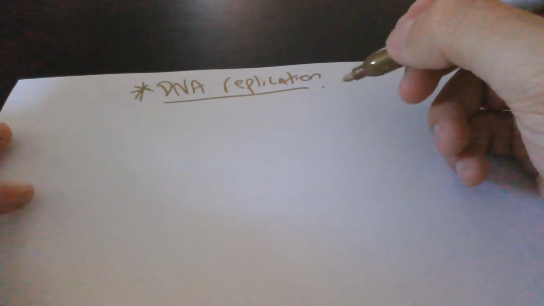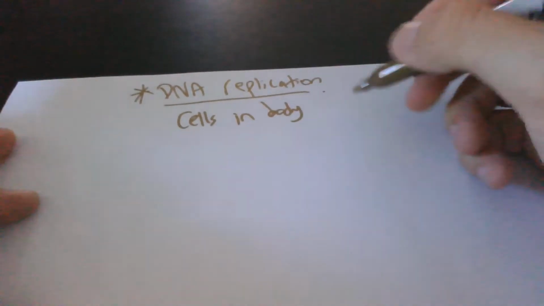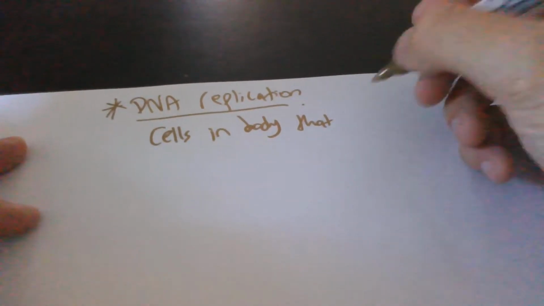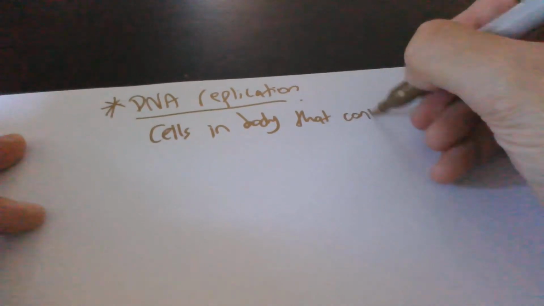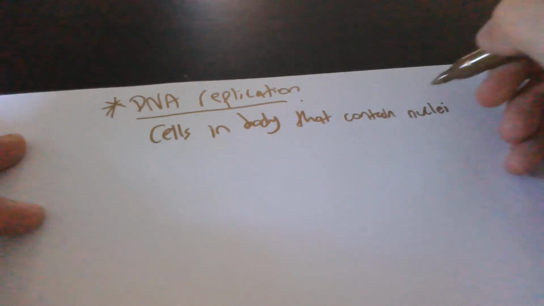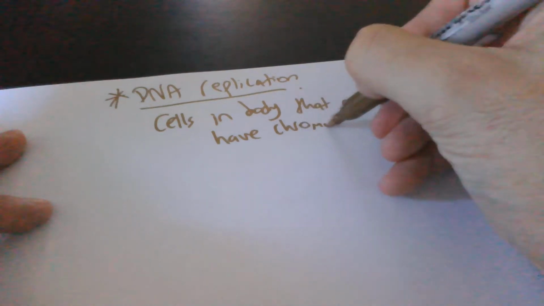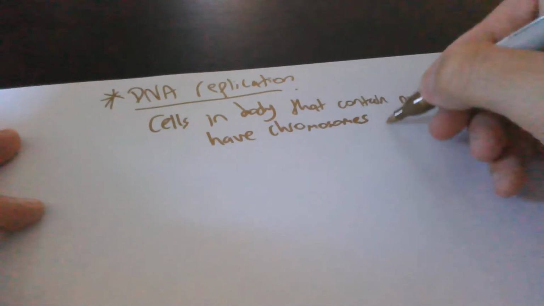So just to recap, remember that cells in our body that contain nuclei, the only exceptions being red blood cells, have chromosomes made of DNA.